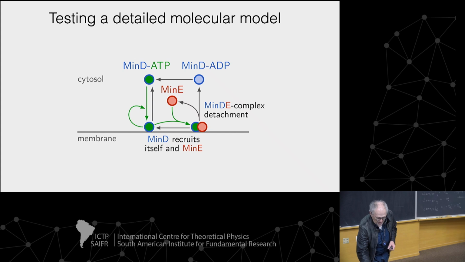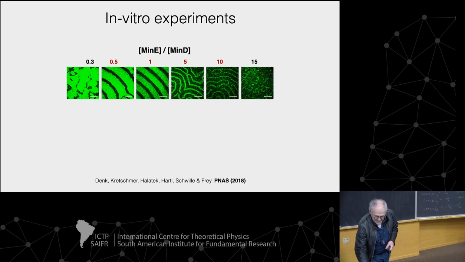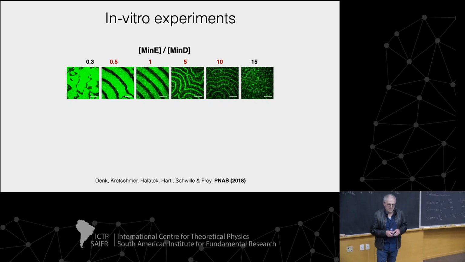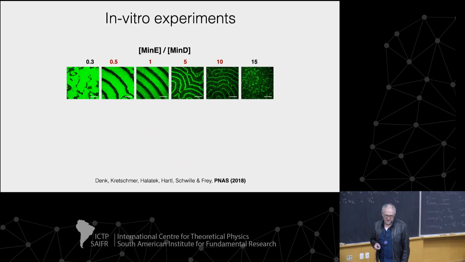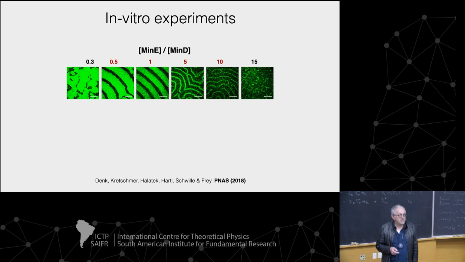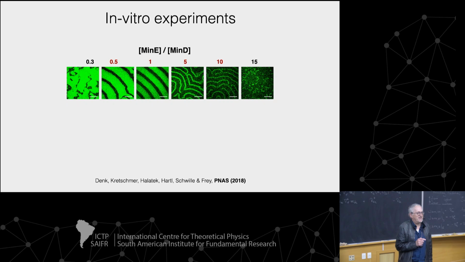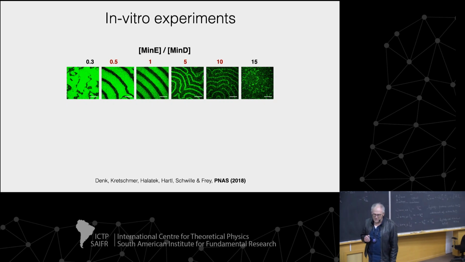So testing the model is doing experiments, because that connects you to reality. Now, the experiments that you see here are experiments in the group of Petra Schwille, done by Simon Kretschmer, and they actually did it because we asked them to do those experiments. That's a rare event, but it happens.